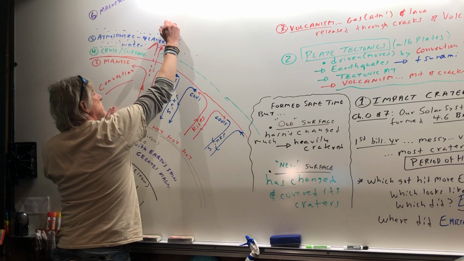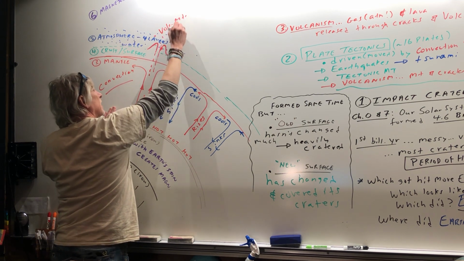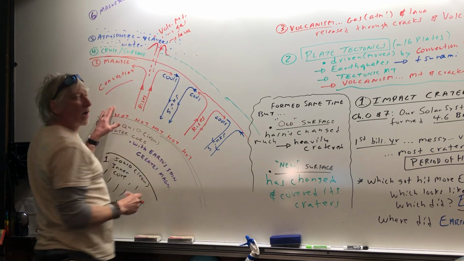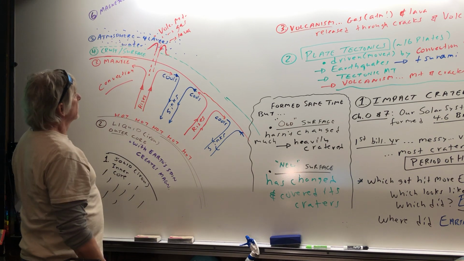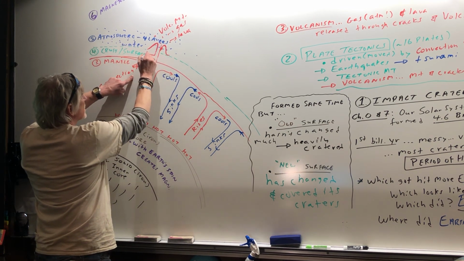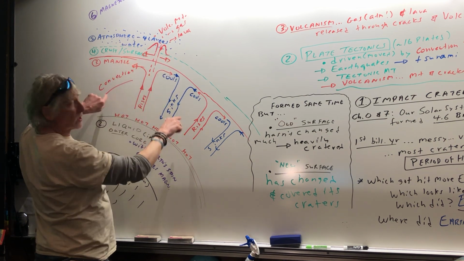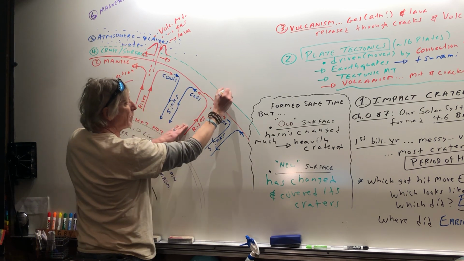So, and it can release gas, and it can release liquid rock, lava, solidifying into volcanic bombs. And why does that happen? Because look at this. This is separating, right? Because of this convection cycle. And look over here, it's also separating. So it's going to happen here too.